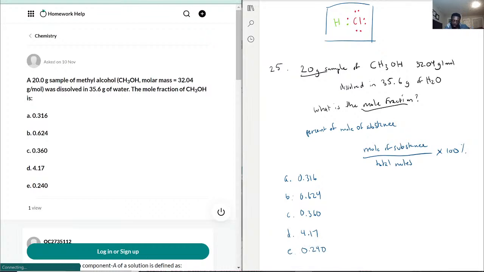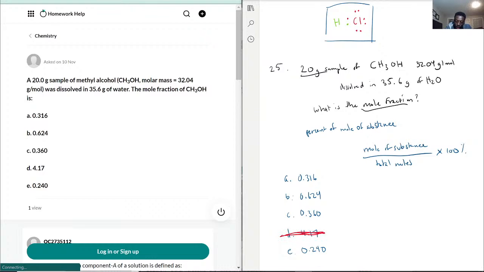Molar fraction is mole substance versus total moles. The reason we can cross something out is because total moles have to be greater than or equal to the moles of substance, as you cannot have more of a substance than the total you have. If I had 100 grams, I cannot have more than 100 grams of part of it. Because we know that, we know it cannot be D.